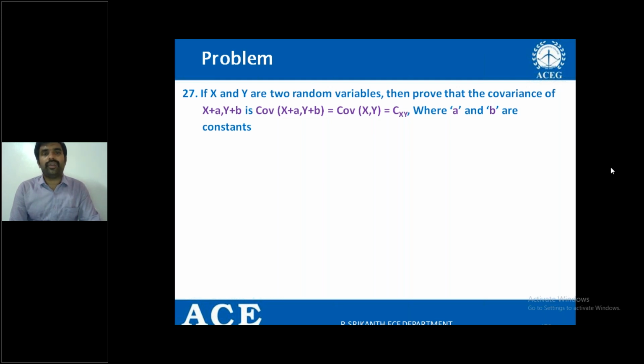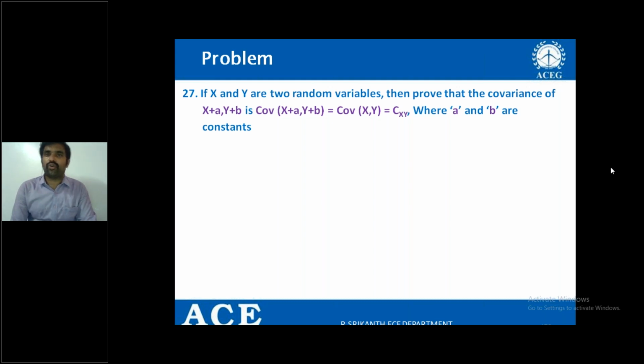If x and y are two random variables, then prove that the covariance of x plus a, y plus b is equal to the covariance of x, y itself. That is, even if you add constant values to the random variables, the covariance does not vary. We are supposed to prove this if a, b are constants, right? Now, how to solve this problem?